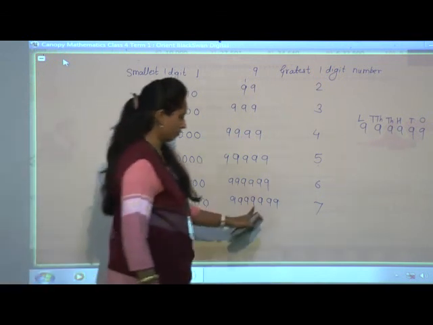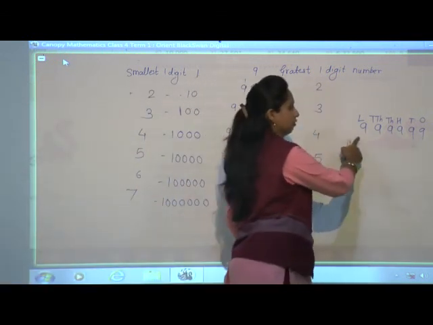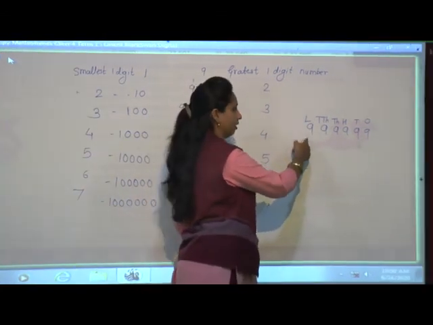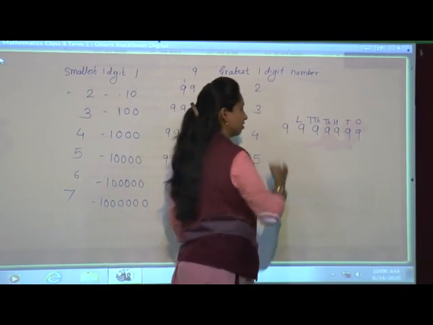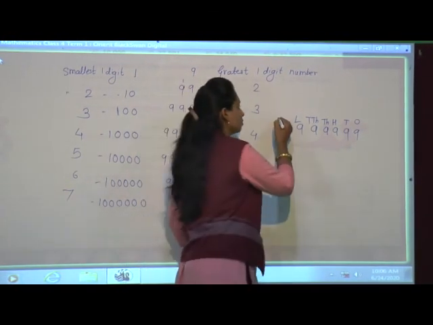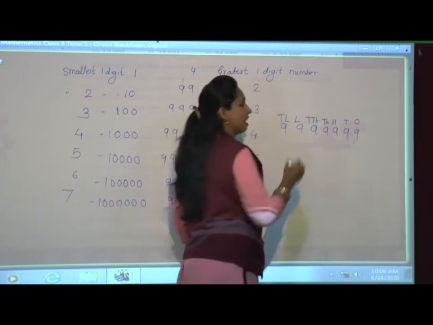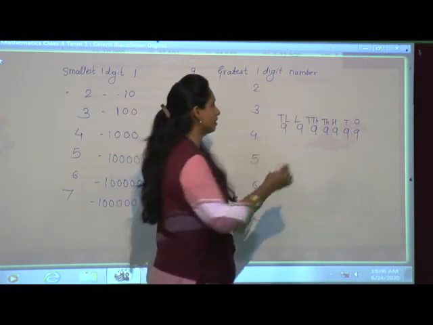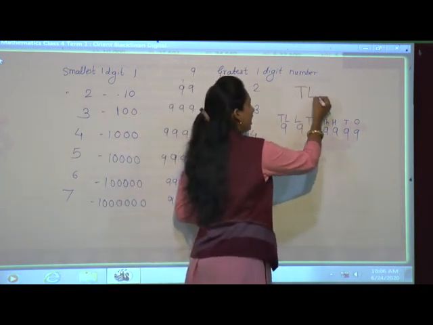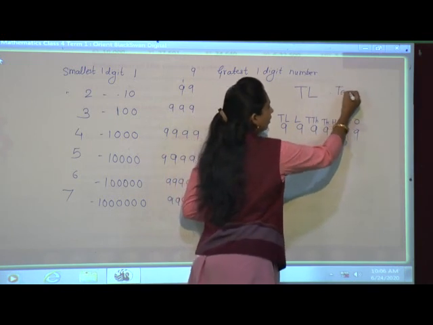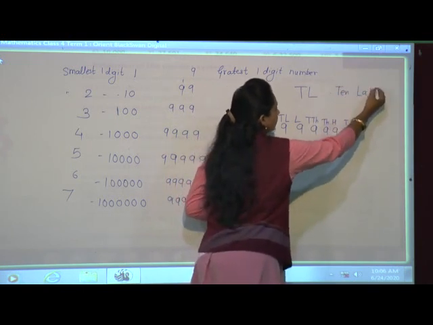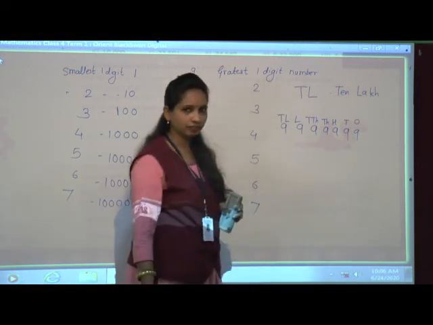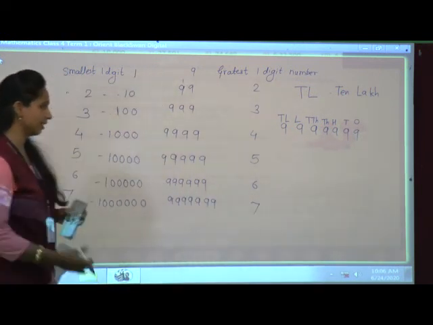Yes, see, till here we have represented with the place value. Now when we add one more digit, it is 10 lakh. We have to represent it as T and L, meaning 10 lakh. Understood? Is the concept clear?